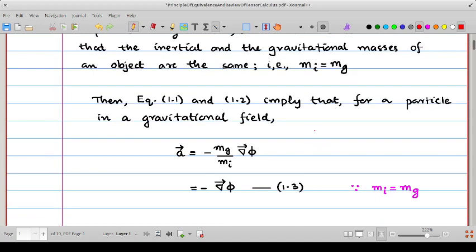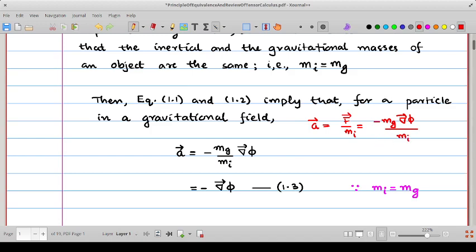For example, from the first law of motion, the acceleration on a particle is given by F divided by m_i, but if the particle is placed only in the gravitational field, the force is simply minus m_g times the gradient of phi, divided by m_i.